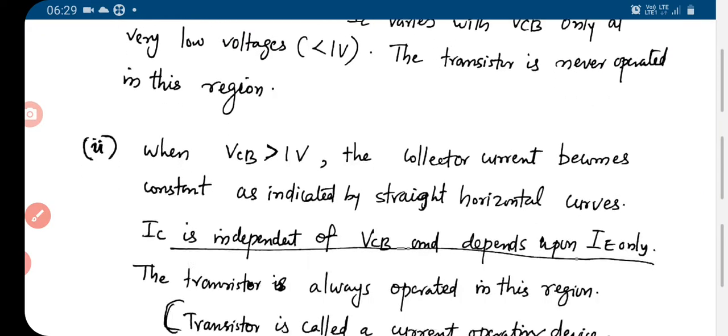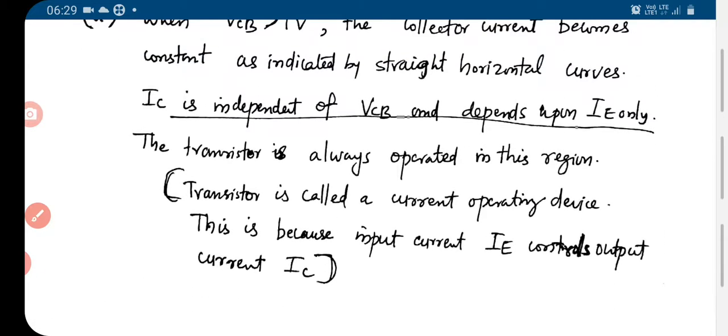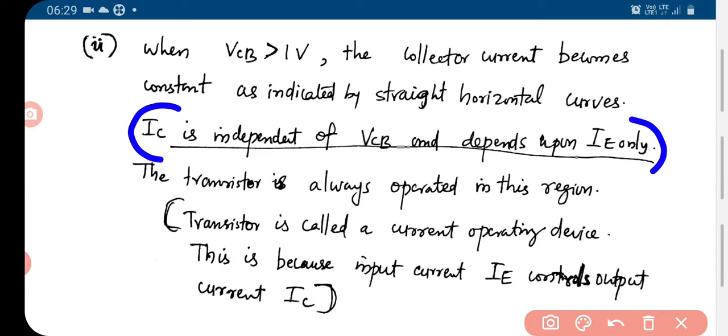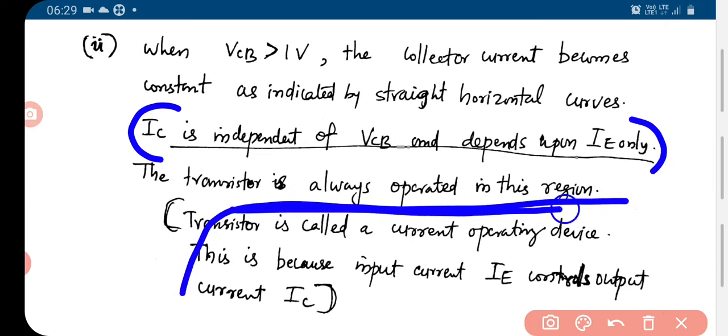The transistor is always operated in this region, the region where IC is independent of VCB and depends only on IE. That means the straight line part of the curve is where we operate the transistor.